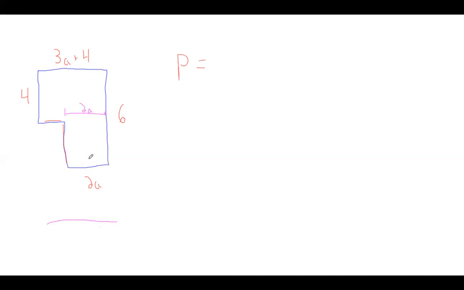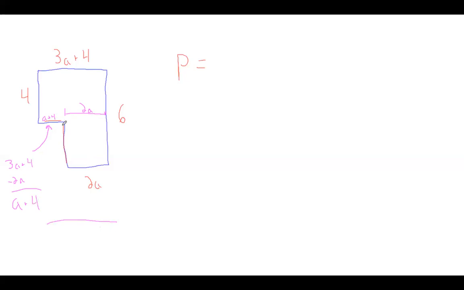So in order to find this, I have to take the length of this side and take away 2a. So this side right here is going to be equal to 3a plus 4 take away 2a. So it's going to equal a plus 4. That's tough, but we can figure it out. So this side here is a plus 4.